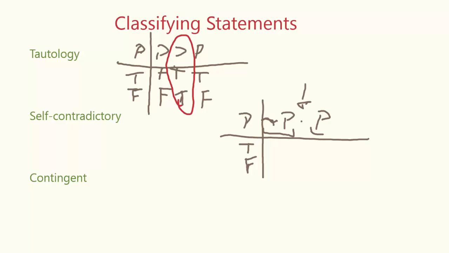So this is going to be our main operator. The dot's going to be our main operator, which means we have to figure out the truth of its conjuncts first. Our reference row gives us the truth conditions for the right conjunct, since it just is the right conjunct. So in the first case it's true, and in the second case it's false.